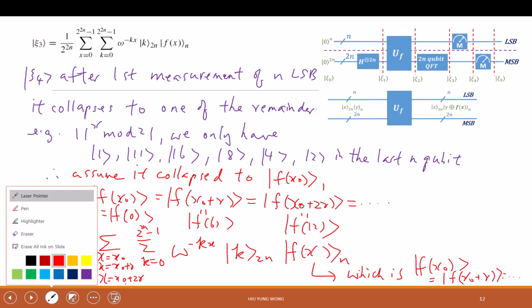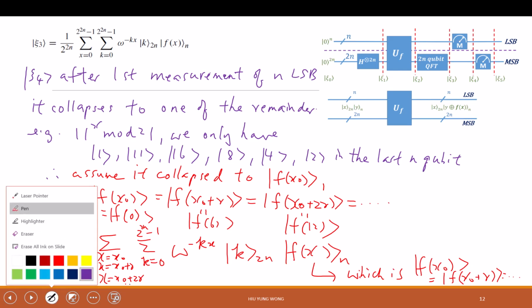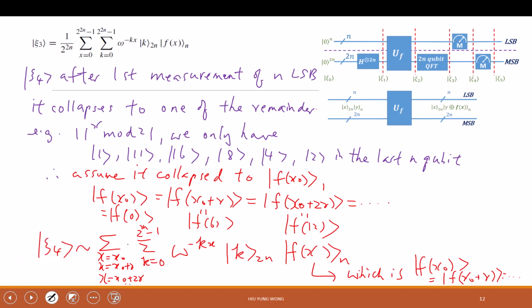I write it this way so you have even more, to infinity. So I'm trying to say x can be equal to x0, can be x0 plus r, can be x0 plus 2r. So it means that it's going to be this term, f of x0, plus this term, f of x0 plus r, plus this term, f of x0 plus 2r. That's what I mean.